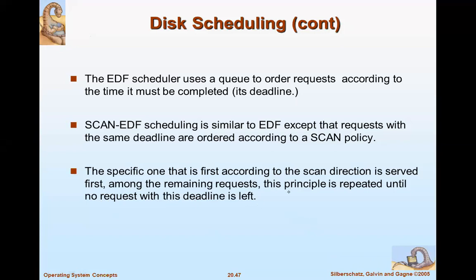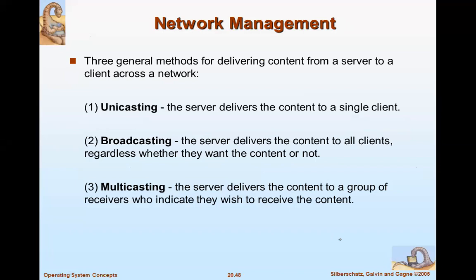It means there is no process or no program with the same deadline. For example, if the deadline is 1 p.m., it means we should assign priority to those processes whose deadline will complete at 1 p.m. instead of 2 p.m., then we will move to 2 p.m., then 3 p.m., and so on. You will extend it.